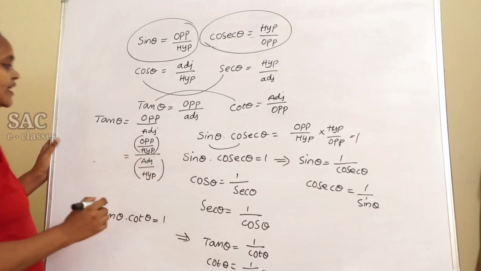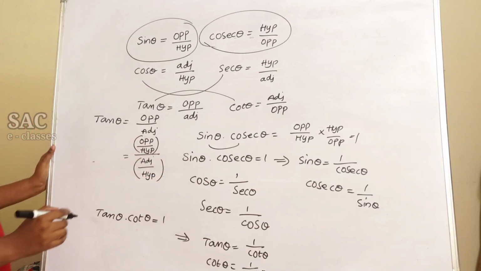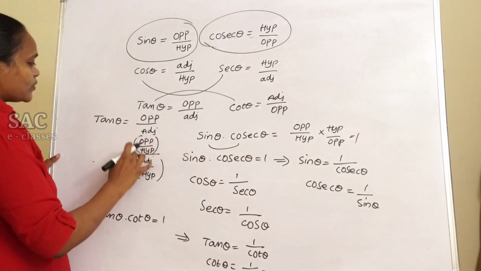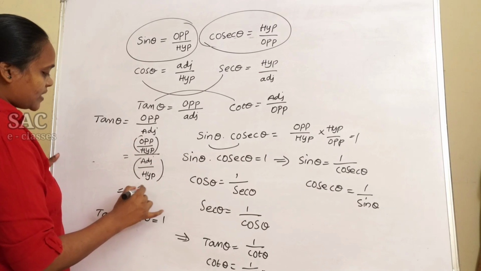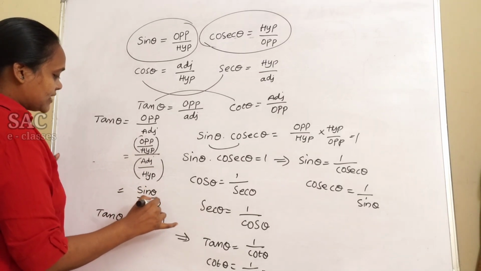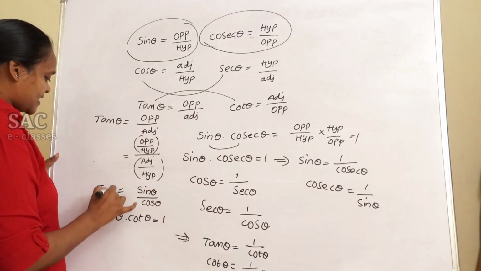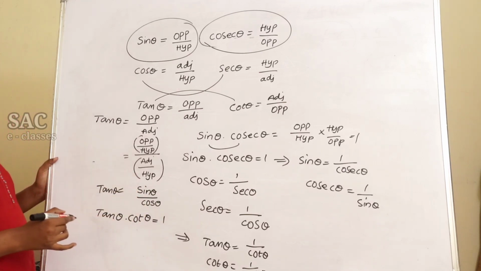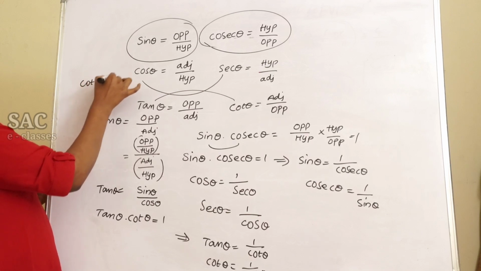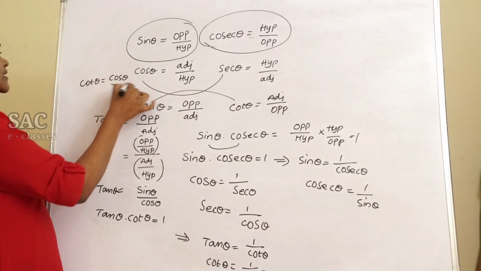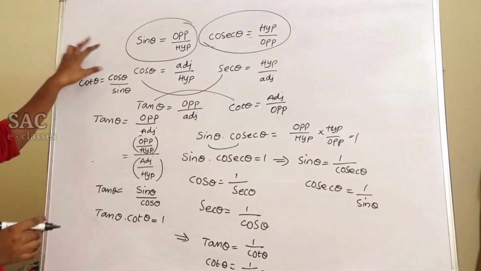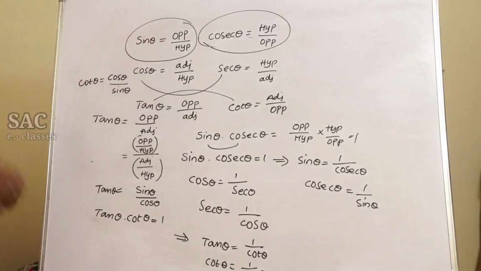So you can divide any fraction, both numerator and denominator, by a non-zero value. Opposite by hypotenuse is nothing but sin theta, and adjacent by hypotenuse is cos theta. That means you can express tan theta is equal to sin theta by cos theta, where cot theta can be expressed as cos theta by sin theta. These are the interrelationships between one ratio and another ratio.